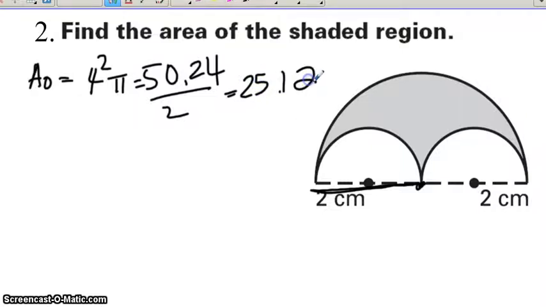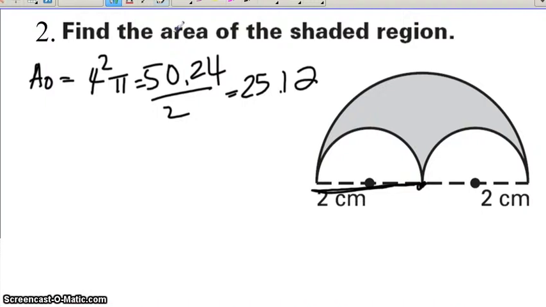Okay? What I need to subtract from half of this semicircle is 2 small circles. Well, if it's 2 small circles, what is that? That's 1 circle. So when I do this next circle, do I really need to use the half formula? No. All I need to do is find the area of one circle, since it's 2 halves, with a radius of 2.